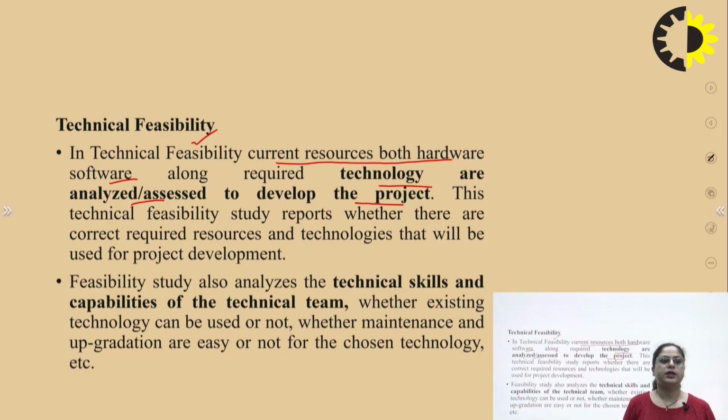This technical feasibility study reports whether the correct required resources and technology are available for project development. The feasibility study also analyzes the technical skills and capabilities of the technical team, that is, the skill of the team members, whether existing technology can be used or not, and whether maintenance and upgrades are easy or not for the chosen technology.